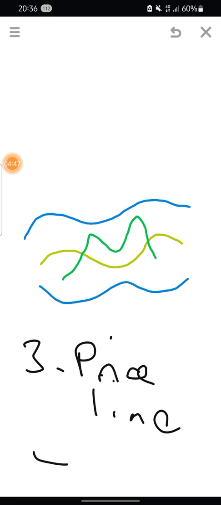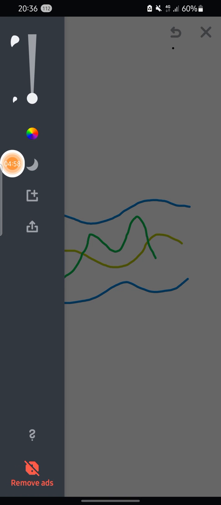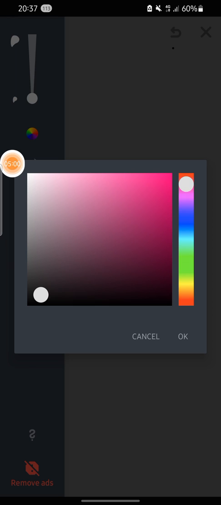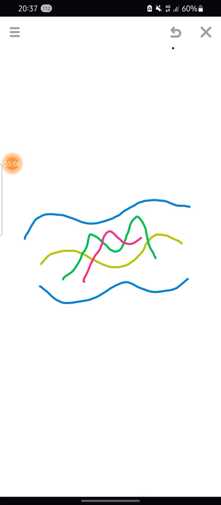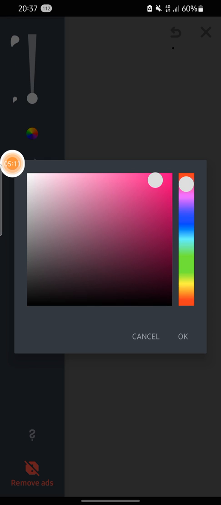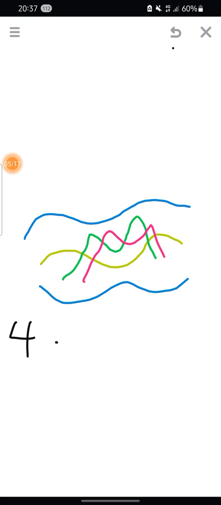Then four, before I continue, let me add one of the lines that have been deleted. The fourth is the traders signal line. So this constitutes our TDI.